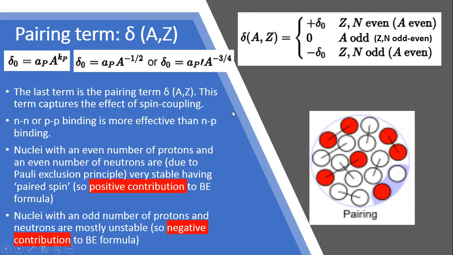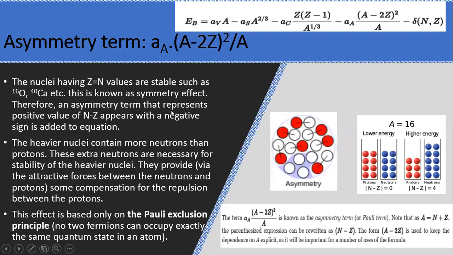In the previous terms, which we have discussed over here, the volume term is positive, and the surface term has minus. The Coulomb term is also minus, and the asymmetric term is also minus. I have already given the reason in the previous slide.